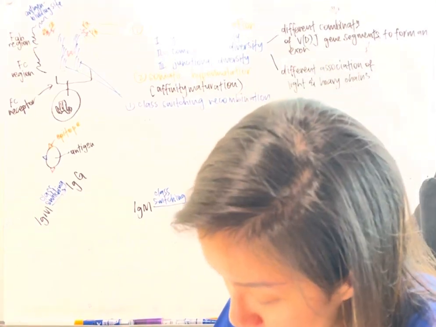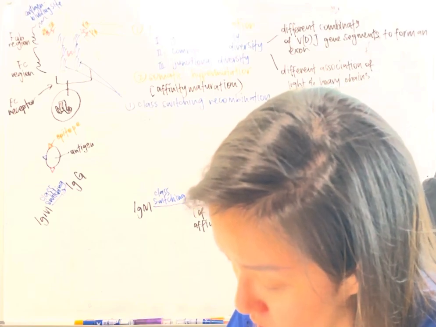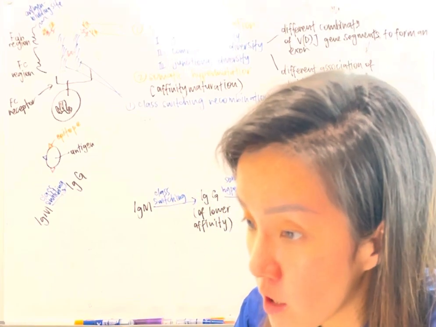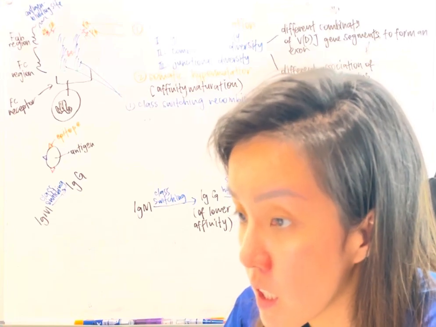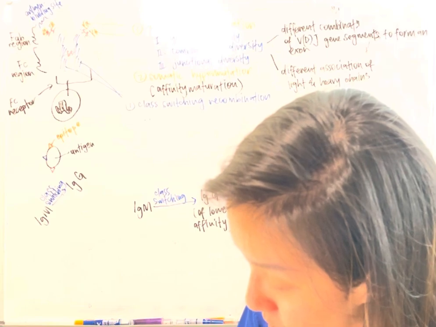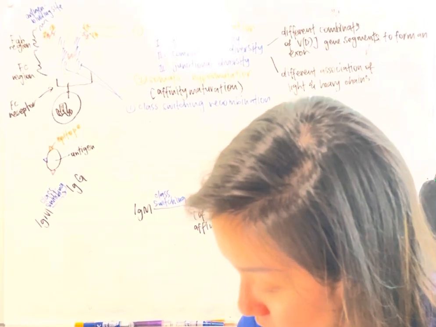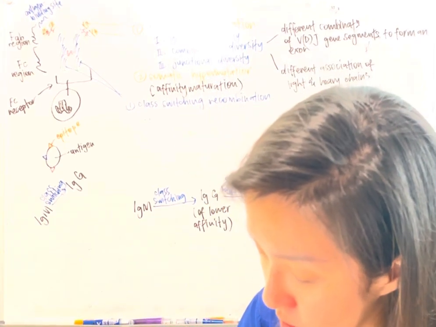Clear? Next one, keyword. They say different specific antibodies generated. Oh, okay. So we already learned, because of different specific antibodies generated, the word is called specific. Do you need to talk about class switching? So you have to be very careful.